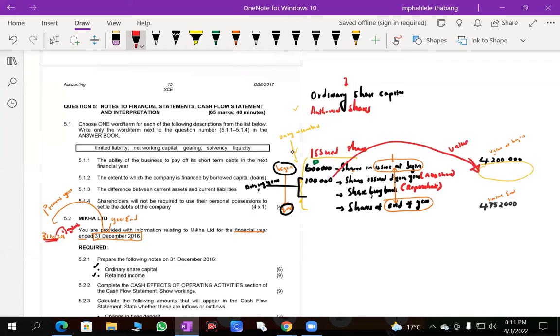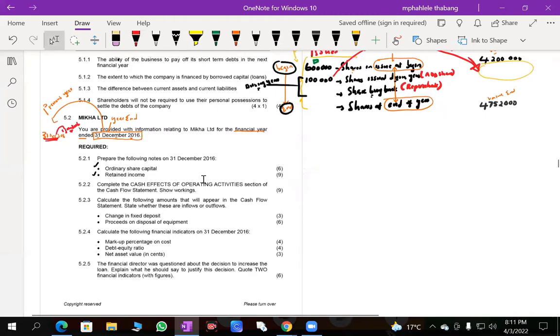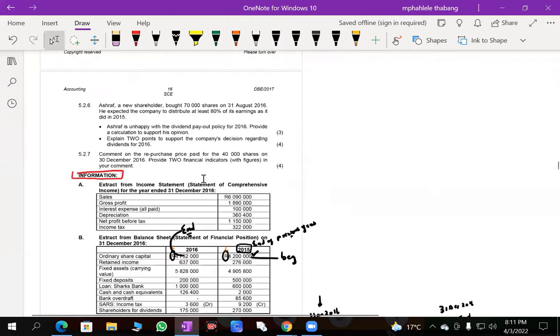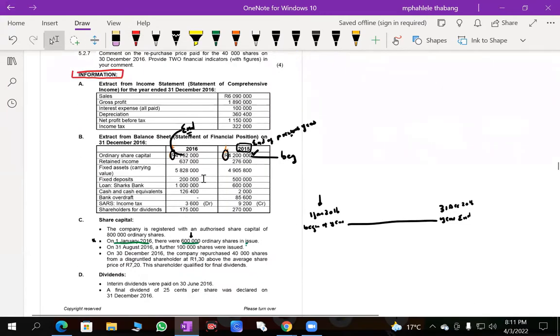Let's go to the transaction and see if there is any price. We don't have the price for these shares. Maybe the shares were issued at 2 rand, and then 100,000 times 2 would give the value. But we don't have the price here, so we can't value these shares for now.